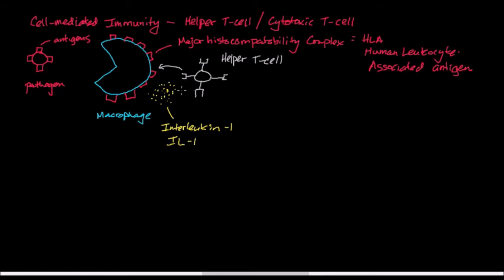Right. And that cytokine acts upon the helper T cell. And that cytokine stimulates helper T cells to multiply in number, but it also stimulates the helper T cell to release another substance, another cytokine, called interleukin 2.